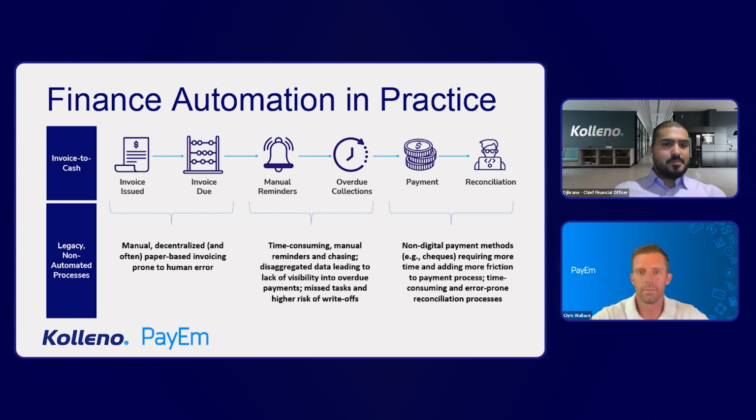And I think in times previous, there were a number of different challenges within this, challenges that, as we speak to clients and other members of finance teams that are still going through the automation process, they'll talk us through. The first is really around the invoice issuance. In legacy processes, this was typically done manually, very much decentralized and paper based.